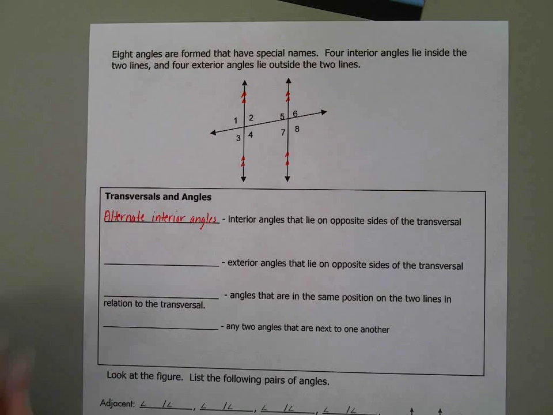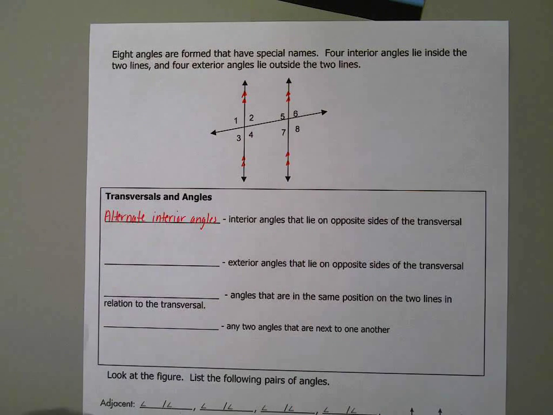Okay, these words give me some clues. Interior is probably a word you're familiar with, where we think about inside. Interior, our angles are going to be inside the two parallel lines here.